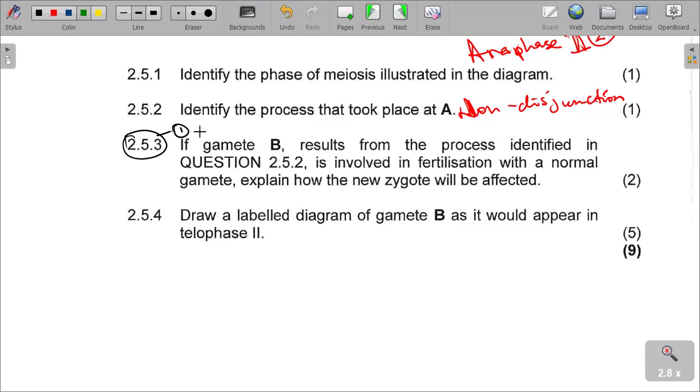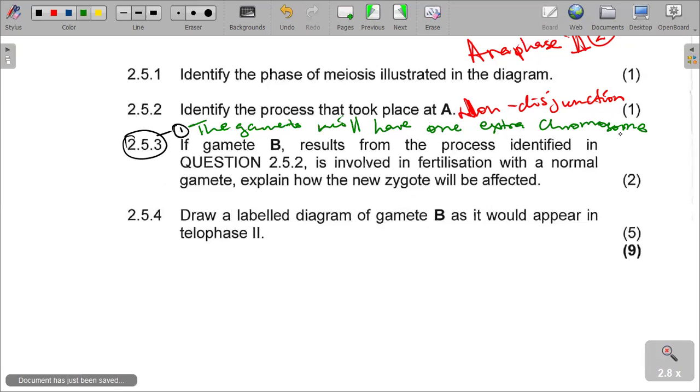The gamete will have one extra chromosome.